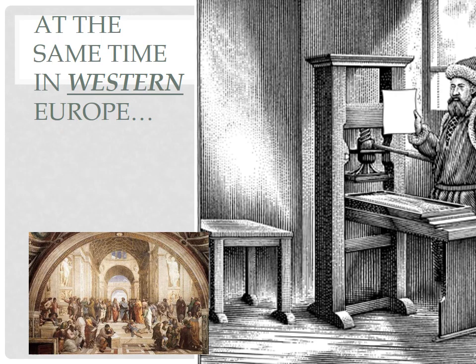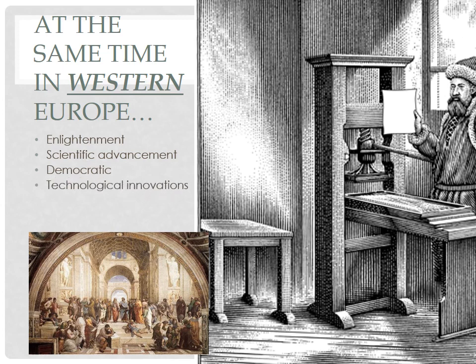So just to draw some parallels, at the same time that all this is going on and what we've been talking about in Russia, I want to remind you that in Western Europe, not far away, their neighbors, we have the Renaissance, the printing press, the era of Enlightenment and questioning government and giving power to the people, the ideas of we can solve scientific problems through reason and the scientific method, shift towards democratic societies, and many technological innovations like the printing press that are increasing literacy, allowing for exploration, growing the wealth of Western Europe.